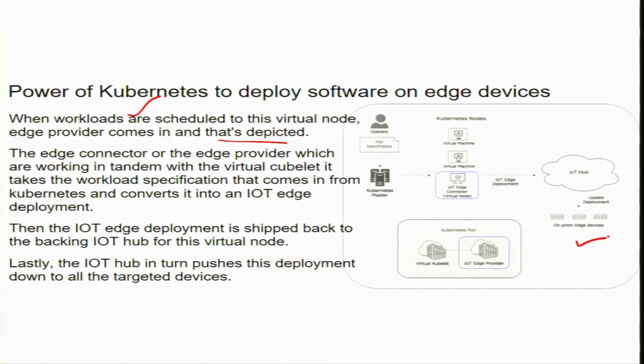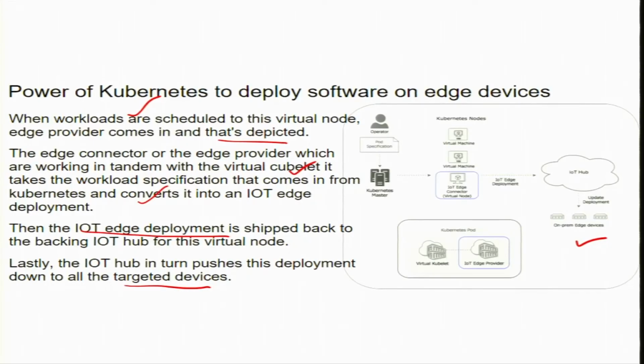The edge connector or edge provider, working in tandem with the virtual kubelet, takes the workload specification that comes in from Kubernetes and converts it into an IoT Edge deployment. Then this IoT Edge deployment is shipped back to the IoT Hub backing its virtual node. Lastly, the IoT Hub in turn pushes this deployment down to the target devices.